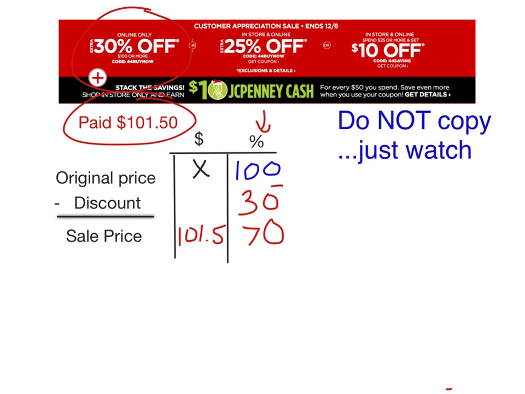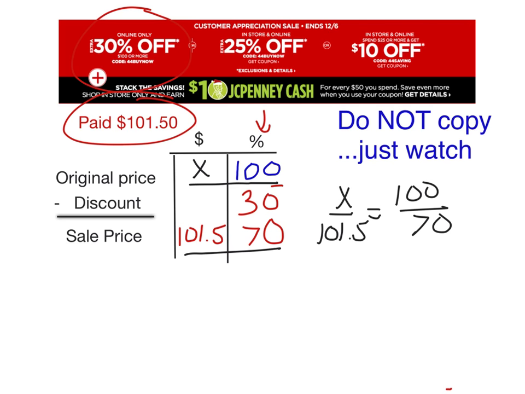I could knock out this 30%, and I have right here, X equals to 100, and then I have 101.5 equals 70, and I have my proportion right there. Just knock out the 30. I don't need it anymore. So I would then cross multiply and solve.